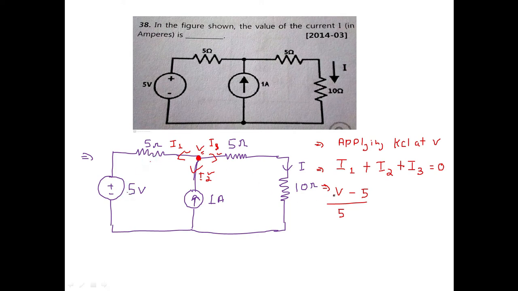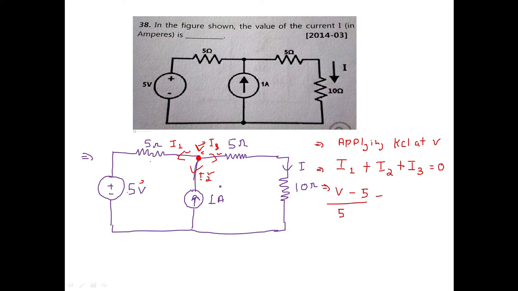We have taken V as the higher voltage because the current is going in this direction, so V is taken as higher as compared to this 5 volts. So V minus 5 upon 5 is this current.